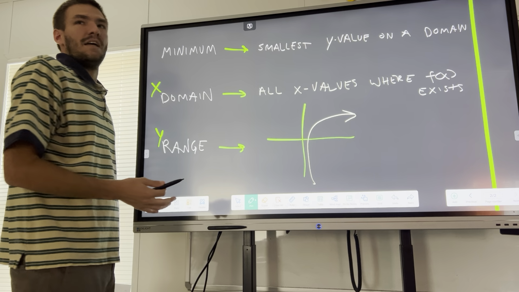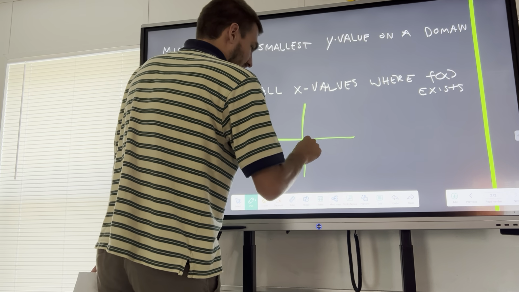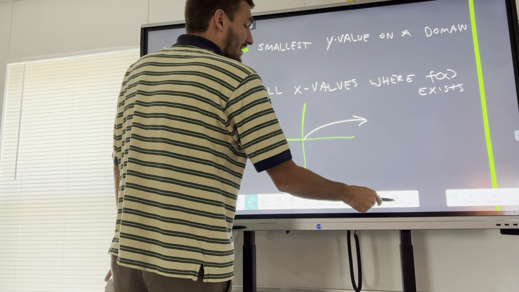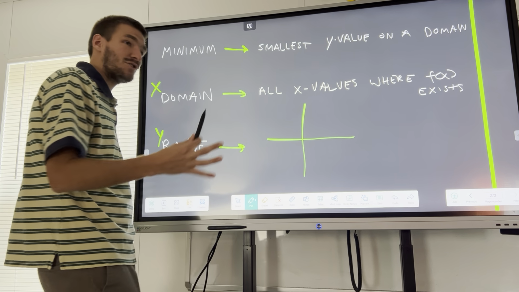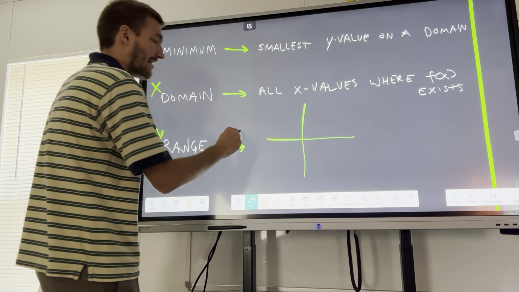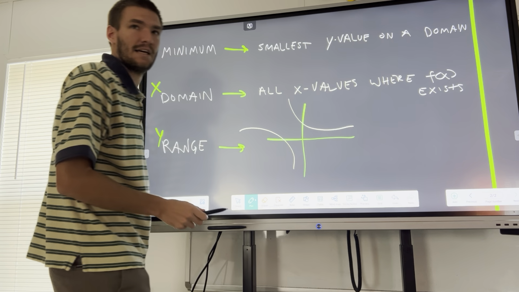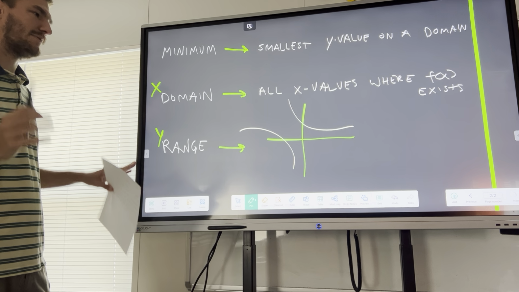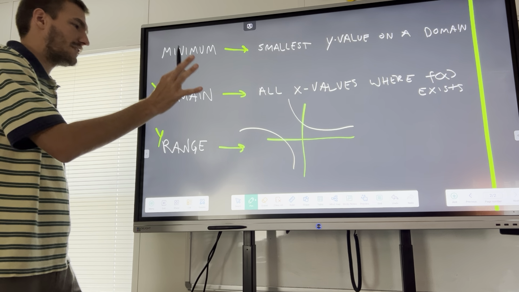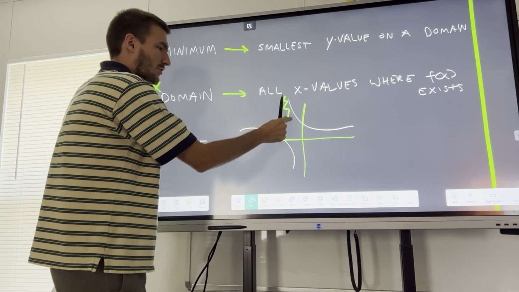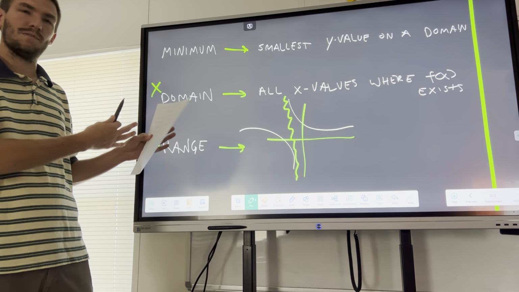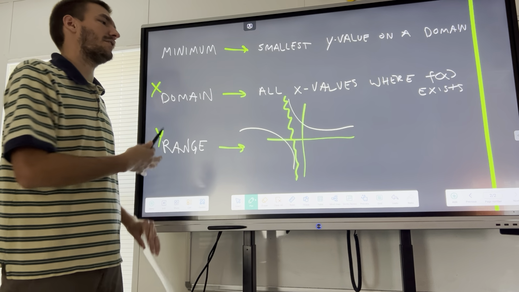Square root. Square roots is another good one. Your square roots look like this. Also, any of those really crazy rational graphs or reciprocal graphs, have you guys seen these ones that look like that? The boomerang graphs, we have some silly names for them in Algebra 1, but those types of graphs have these asymptotes, hopefully a word you've heard before, and wherever you have asymptotes, your domain does not exist there, your x values do not exist there.